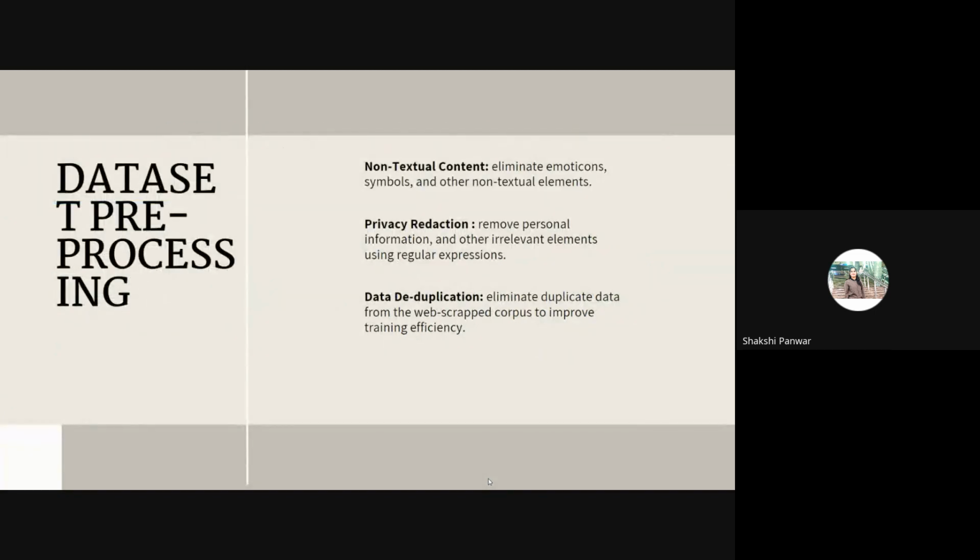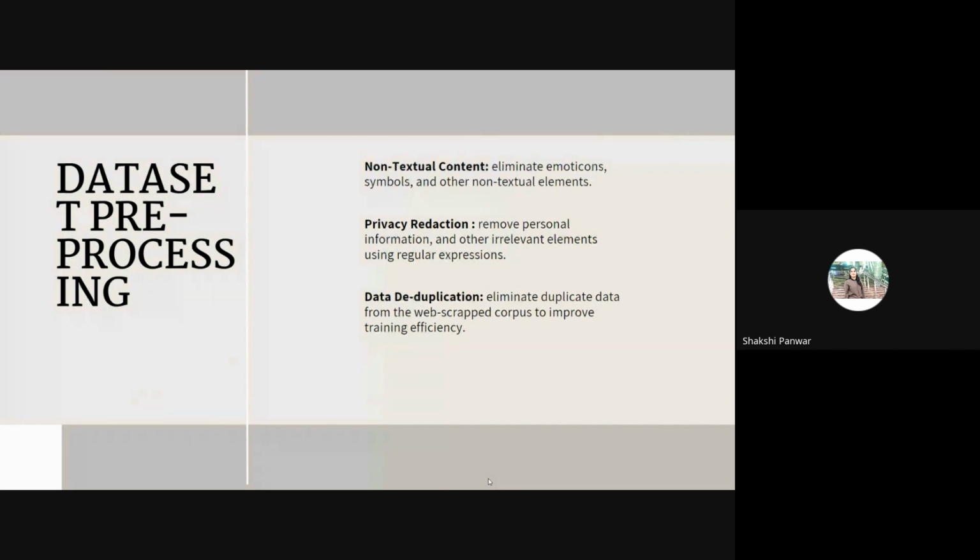And next is non-textual content removal. So, what is non-textual content removal? Eliminating emojis, symbols, and other non-textual elements, focusing solely on textual data relevant to the task at hand.